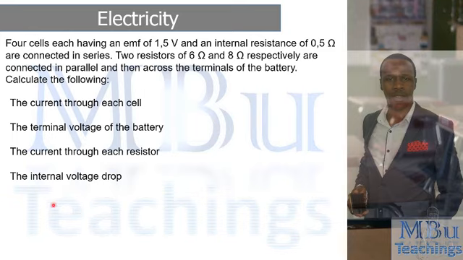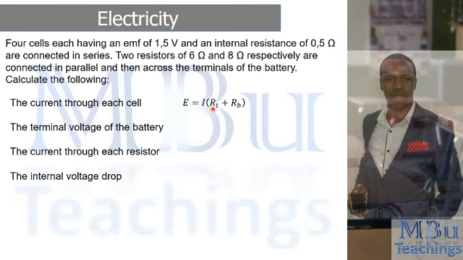So what can we do? We go straight to that list of formulas. We select the one that will help us. Well, this is the one that I saw, because we need I, the current through each cell. Then we can get the E, because it will be 4 times 1.5.